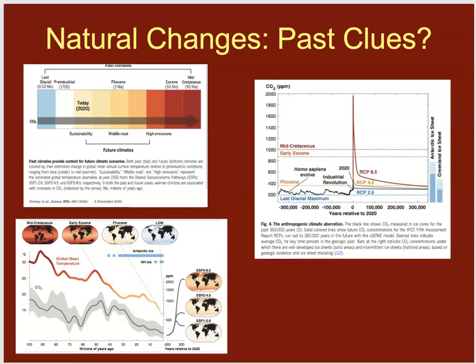The Industrial Revolution hits and it bumps up, and then you get three different models for how bad it's going to be in terms of our production of fossil fuels. This gives you an idea of what I'm going to be talking about in relation to Earth and what we may do to it in the near future.